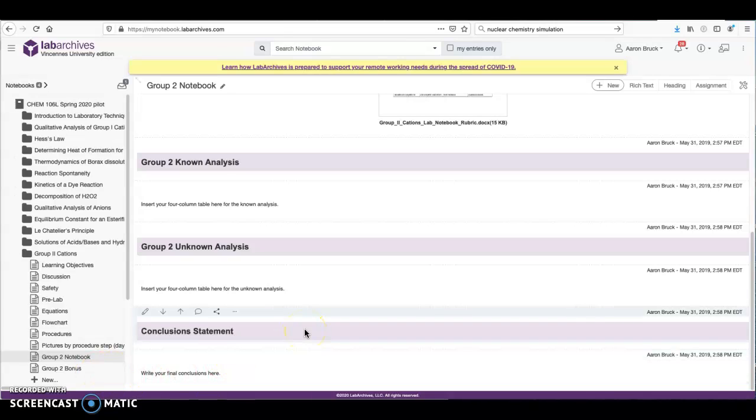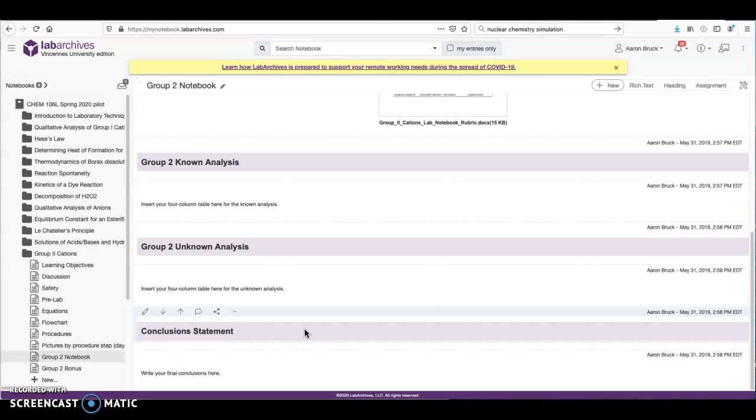But I want to reiterate: don't go looking for a Group 2 analysis quiz. There isn't one. We made the executive decision to stop with the qualitative unknowns quiz because we don't have enough time to do all of the unknown analyses and give everyone a unique unknown.